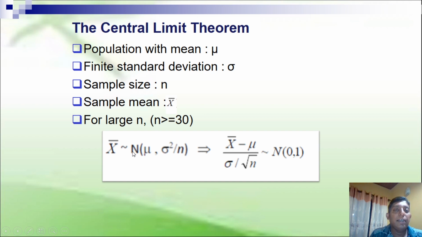But when you take a sample from a non-normally distributed population, and the population variance is known, the important condition is that if the sample size is greater than or equal to 30, then again we can use the same result: x bar follows normal with mean mu and variance sigma squared over n. We can prove this by using the central limit theorem.